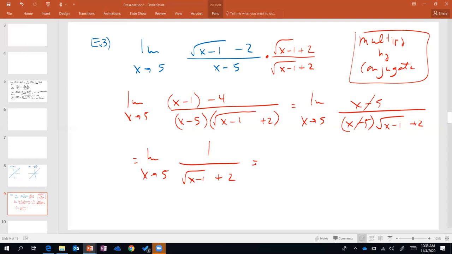Square root of 4 is 2. I could write it over here: square root of 4 plus 2, and 2 plus 2, and voila, 1/4. Was there a 1 on the top?